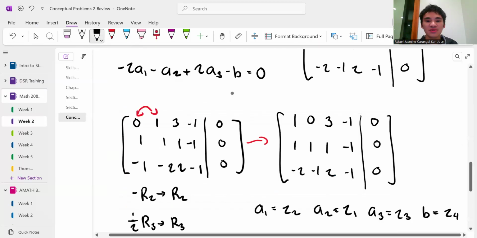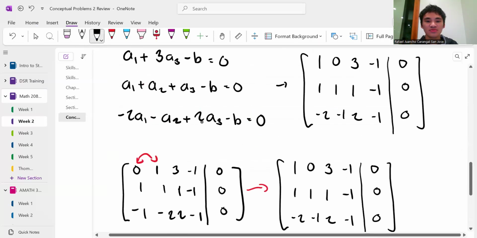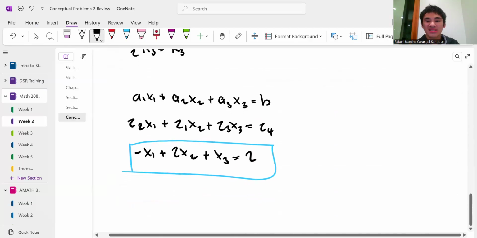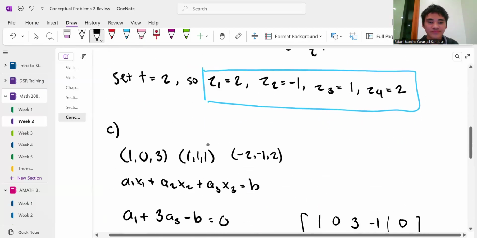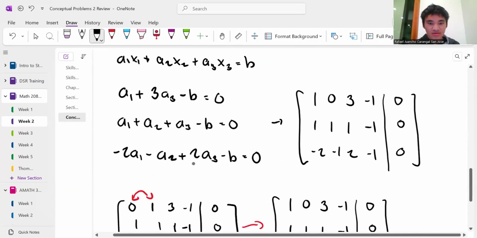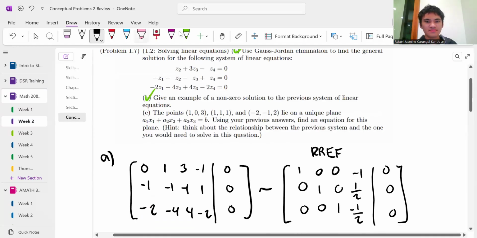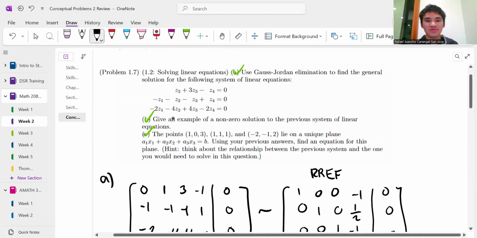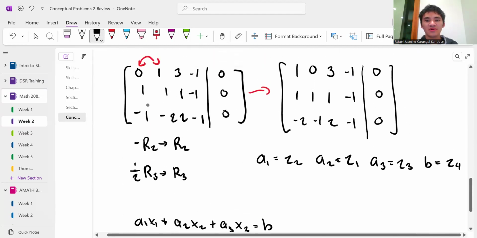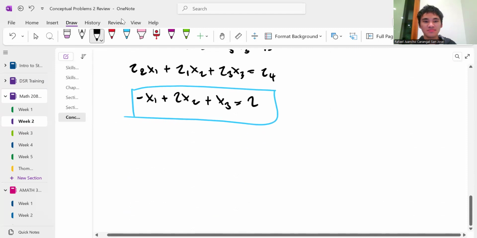So if we plug these 3 points in here, it's going to satisfy. Okay, I hope that made sense. Right. So that was the tricky part in this problem. It's getting to this point where you have to swap columns. Okay.